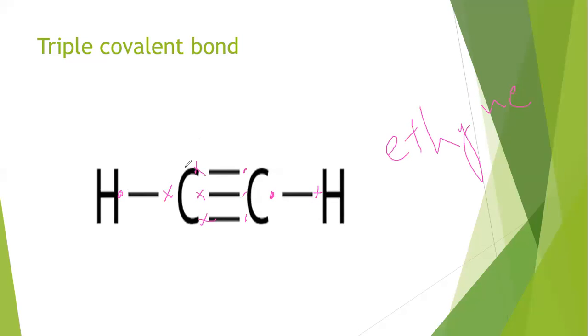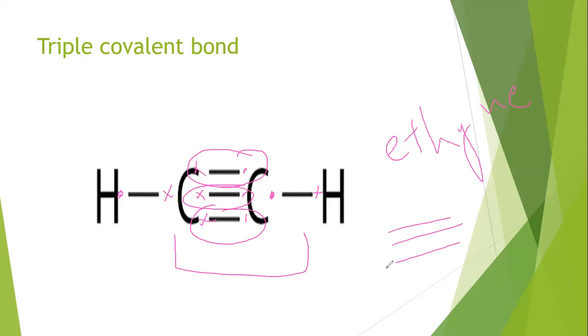You can see 3 electrons of this carbon atom are shared with the 3 electrons of this carbon atom. So these 2 carbon atoms are making a triple bond by sharing 3 bond pairs at a time with each other. So when 2 bonded atoms are sharing 3 bond pairs of electrons, they are making a triple covalent bond. Triple covalent bond is represented as triple line.